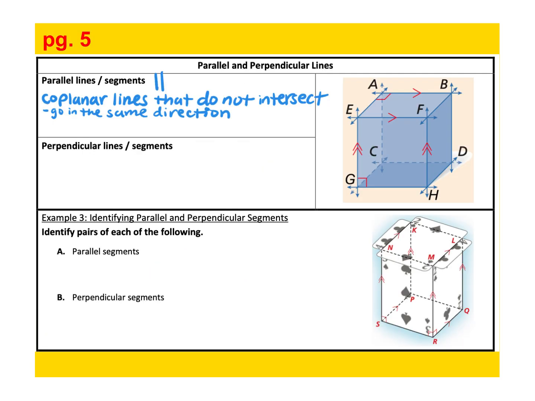Next, we're going to talk about identifying parallel lines and perpendicular lines. Parallel lines are coplanar lines that do not intersect. In order to be parallel, they have to be going in the same direction. And you're going to see parallel lines being marked with arrow markings.